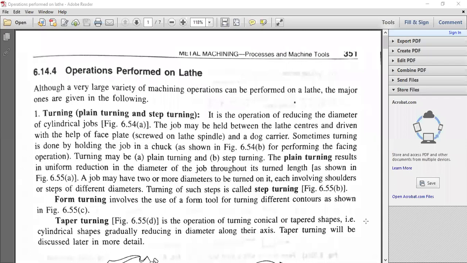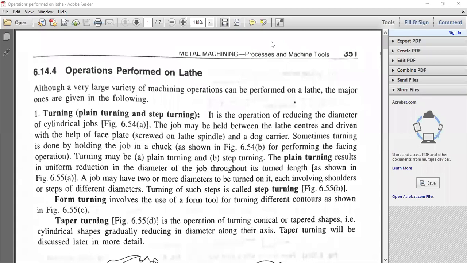And next one is taper turning. Taper turning is the operation of turning conical or tapered surfaces. As I already told you, conical means it has a big end diameter, capital D, and a small end diameter, small d, and the step length is given by capital L. Sometimes in taper turning methods we have to take the length of the job also in the formula.